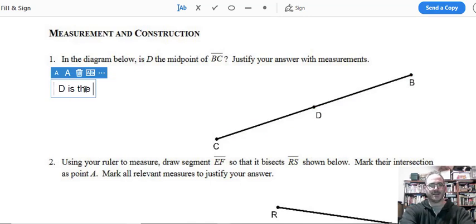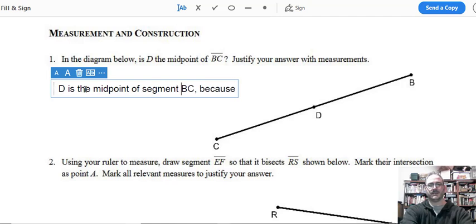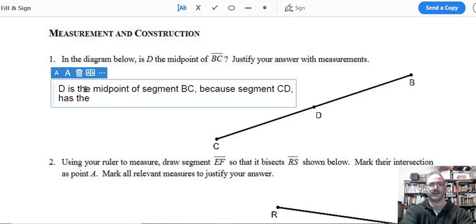D is the midpoint of segment BC because segment CD has the same measure as segment BD.